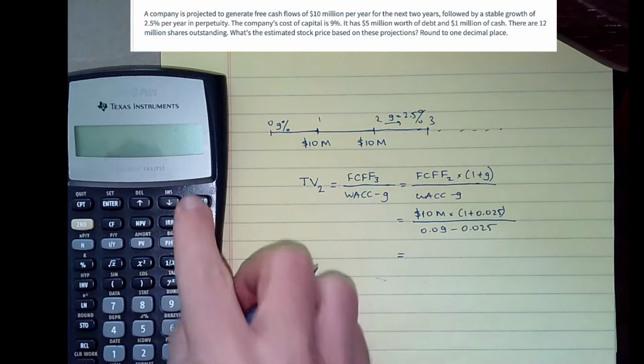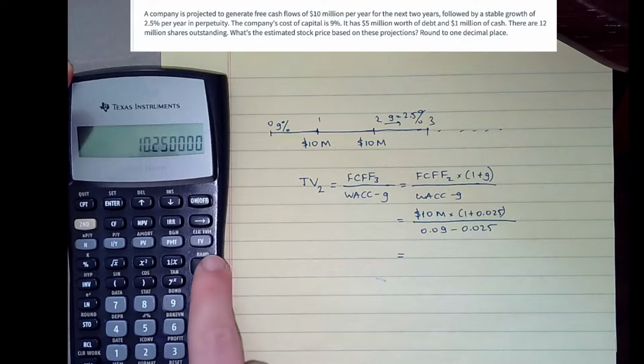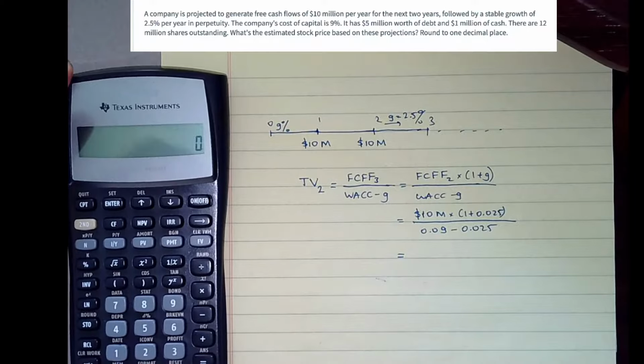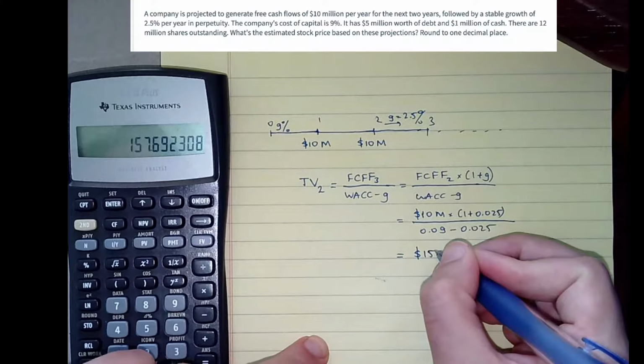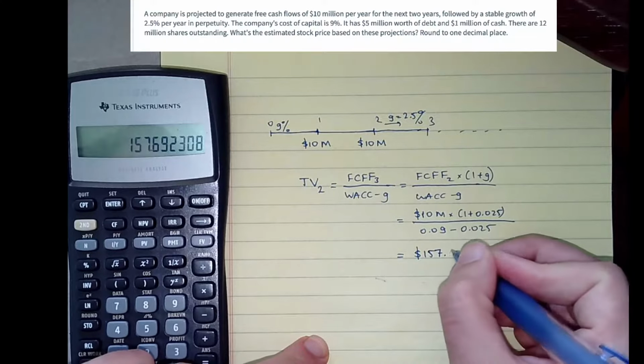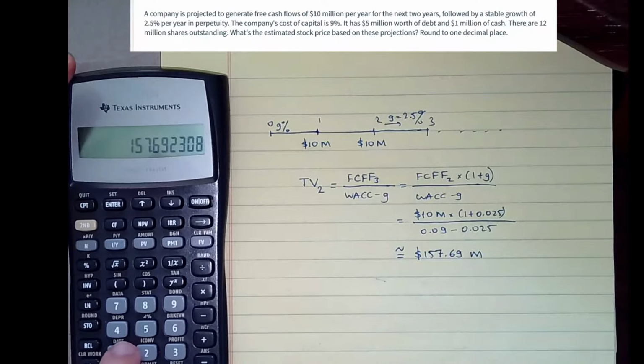And this gives us a terminal value of 157.69 million roughly. And let me store this STO1.